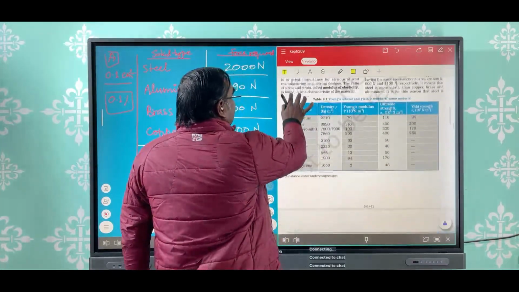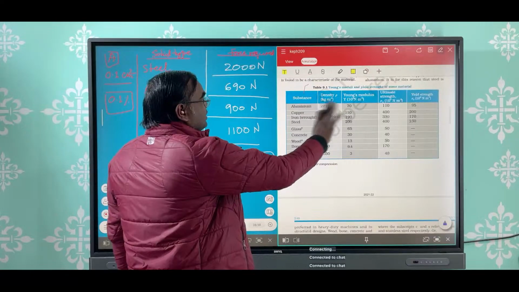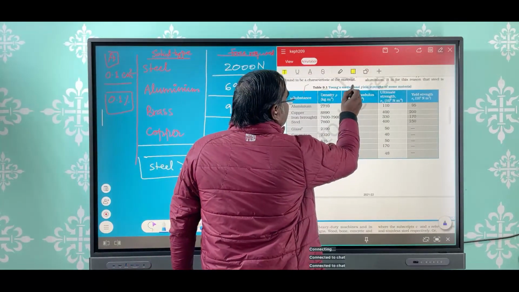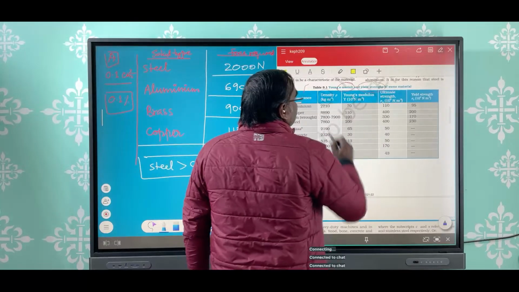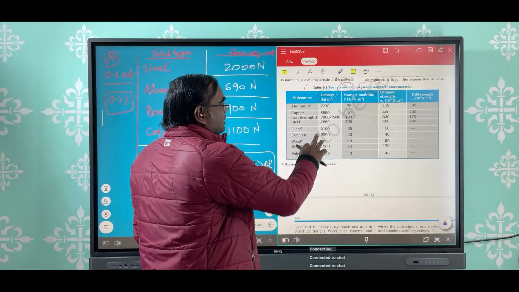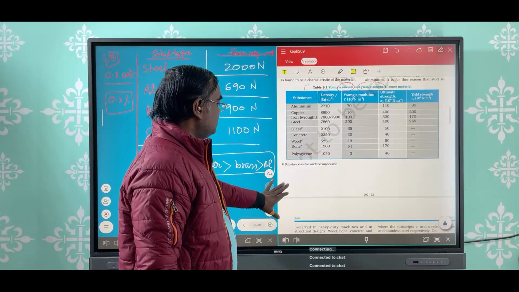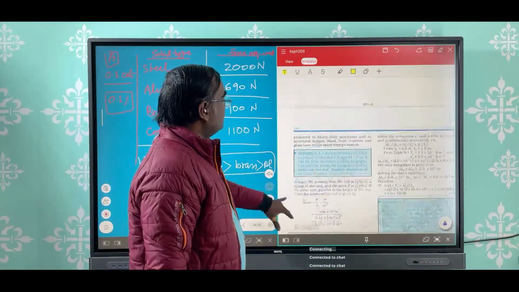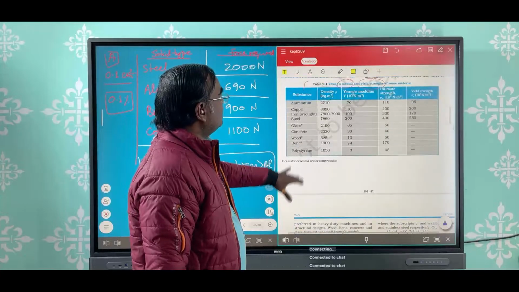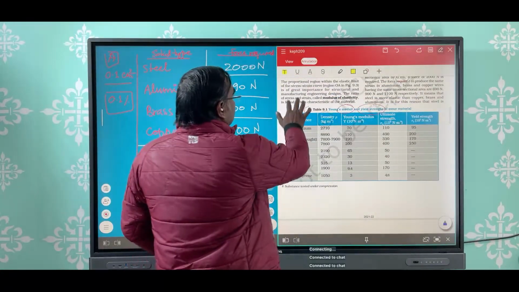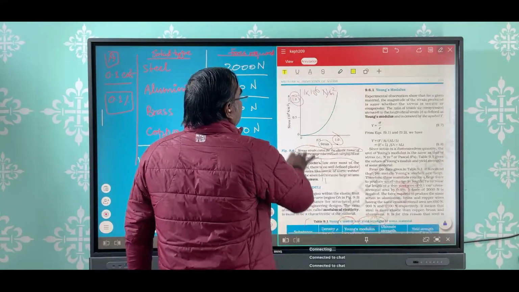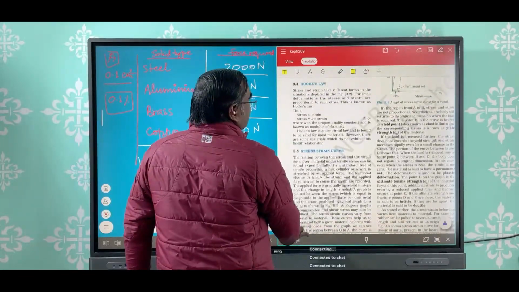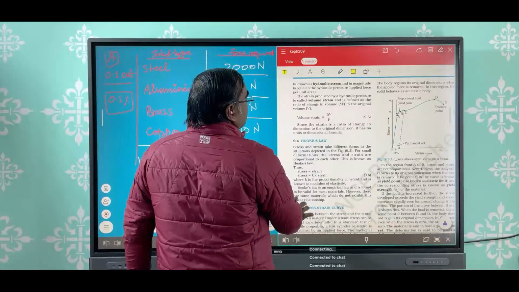Again, if we observe this table, the table's title is Young's moduli and yield strength. So before going into this, let's discuss the relationship. Sorry, one thing I left for discussion. Before going into detail, we can't understand that table.